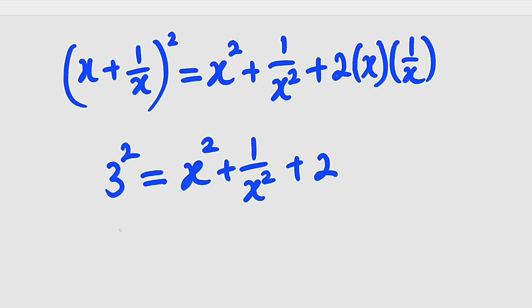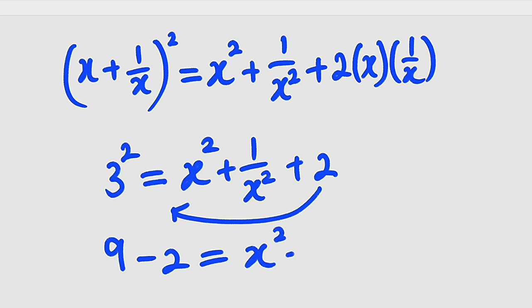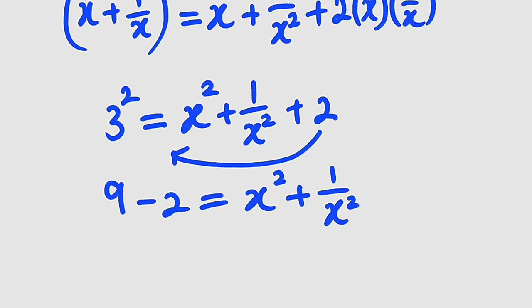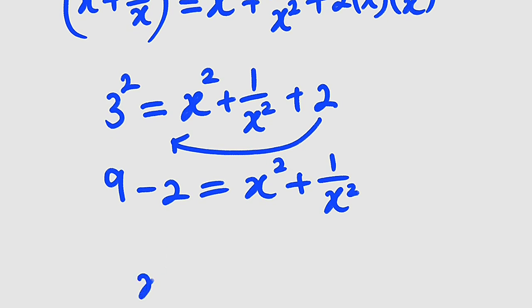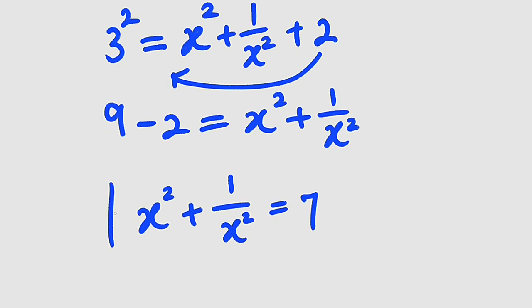To the left hand side we have 9, and you can bring this 2 backward, so we have minus 2. 9 minus 2 is 7, which implies that x squared plus 1 divided by x squared is nothing but 7. Here is another important equation.